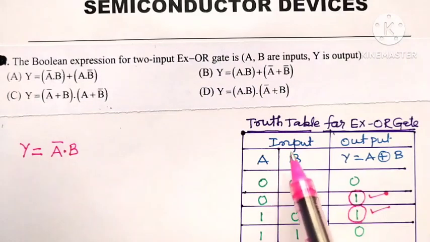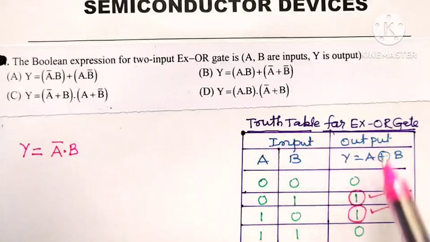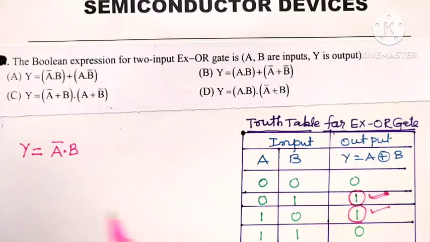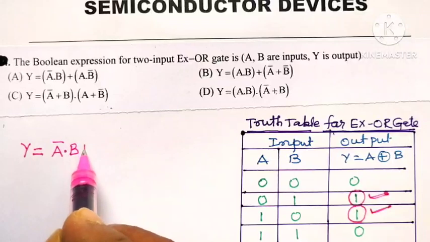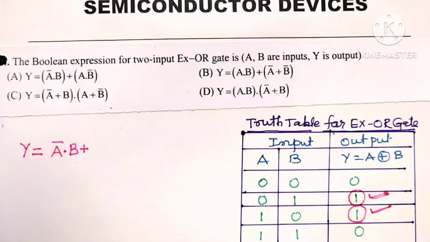The output of the XOR gate is 1 when A is 0 and B is 1, meaning A bar dot B. Or there is one more condition, a logical ORing, so here we can put a plus sign.